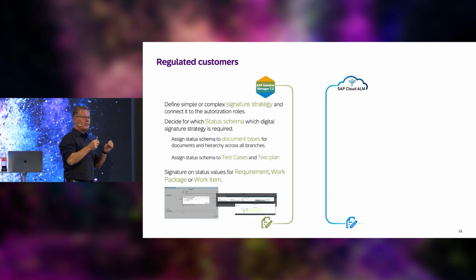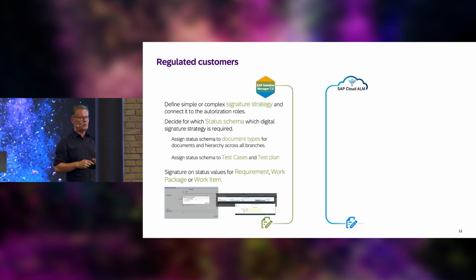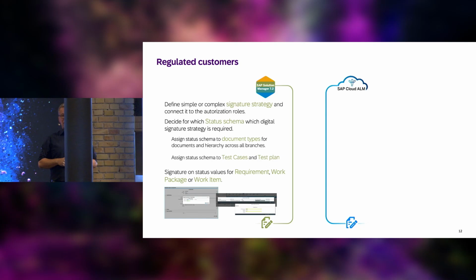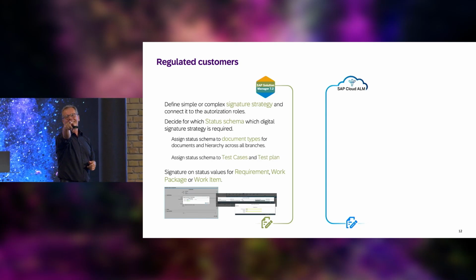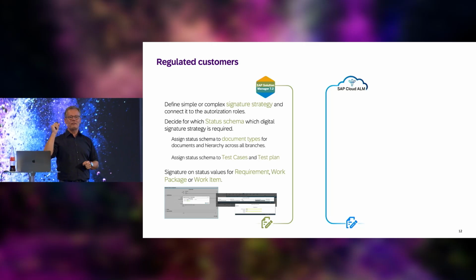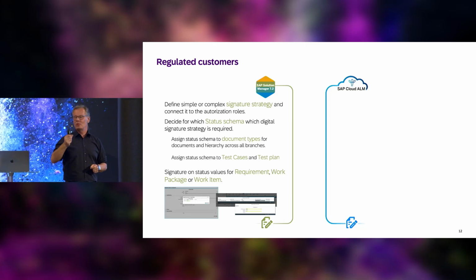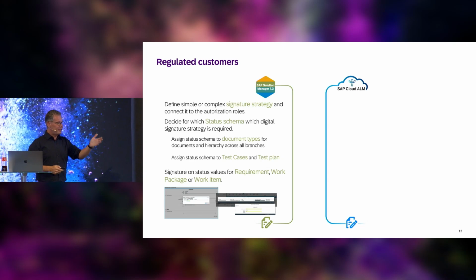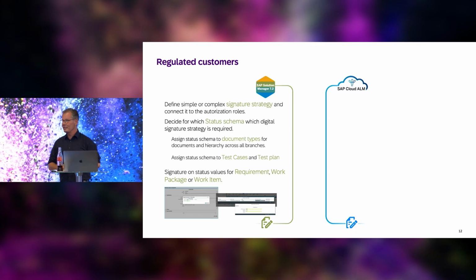And then, if that's not enough, Focused Build also introduced, where is he? Where? Oh, that's the hero who introduced digital signature for work packages, work items, or anything else you could imagine. That's the solution for all the drug and food producers.